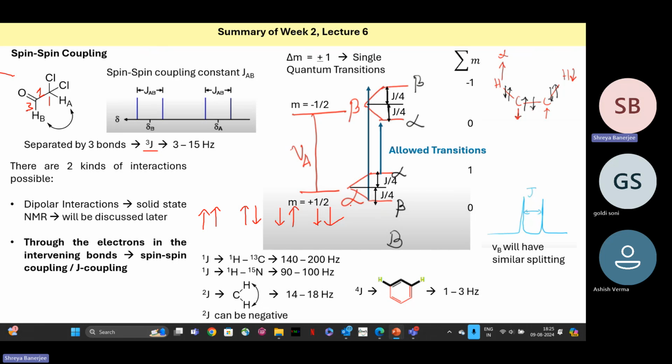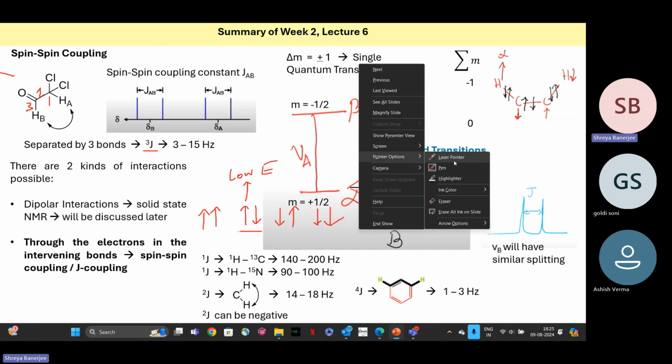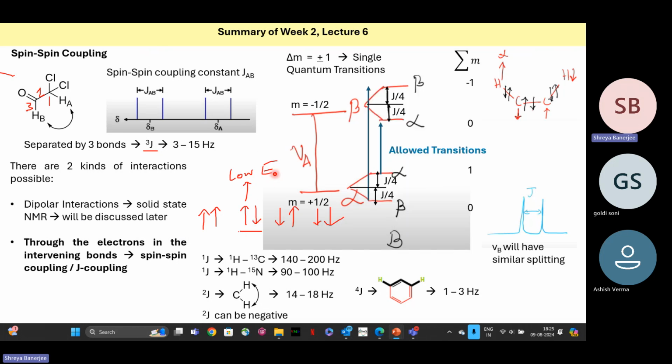We know that whenever opposite spins are paired up like this, the energy is lower. So when alpha pairs with beta, it goes to a lower energy, and when alpha pairs with alpha, it goes to a higher energy.